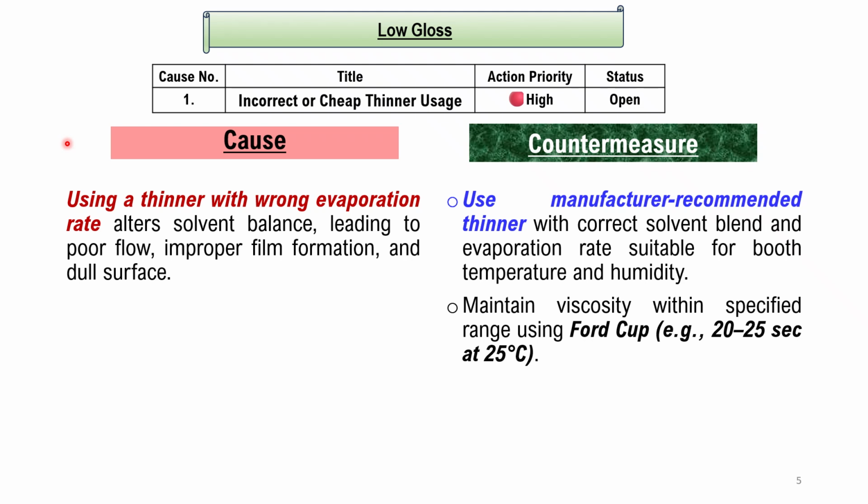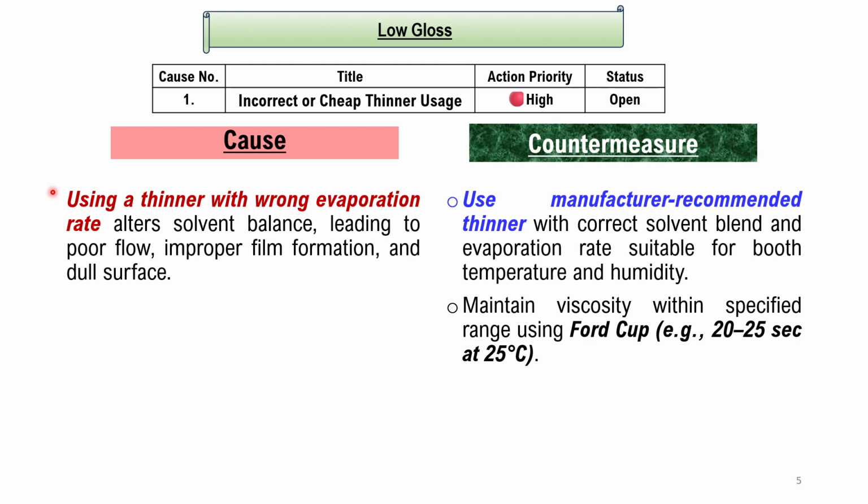What are the causes and countermeasures of low gloss? Number one is incorrect or cheap thinner usage. That is, using a thinner with a wrong evaporation rate, which alters solvent balance, leading to poor flow, improper film formation, and dull surface.